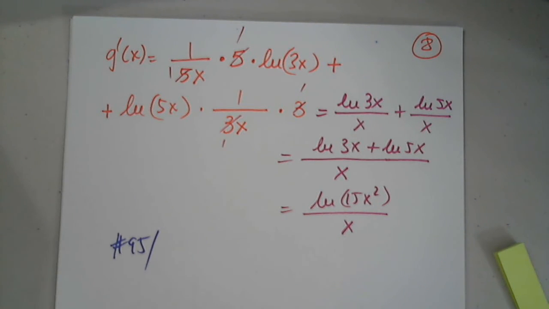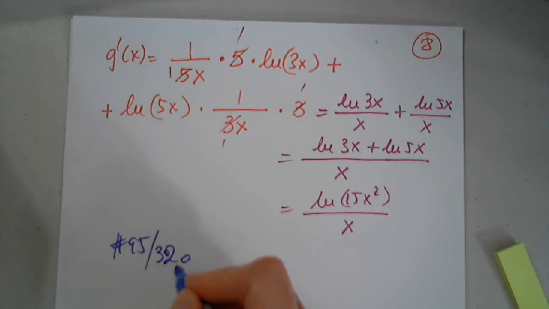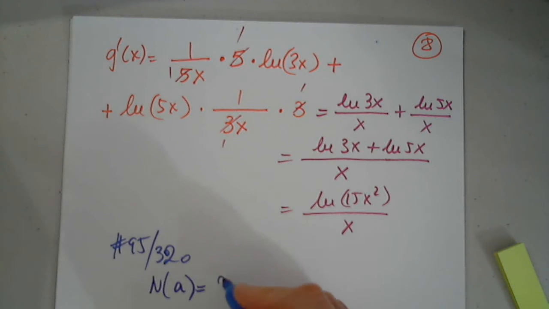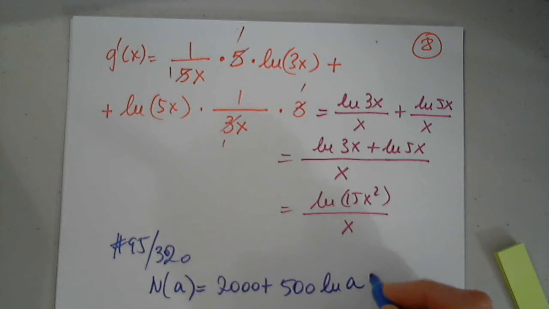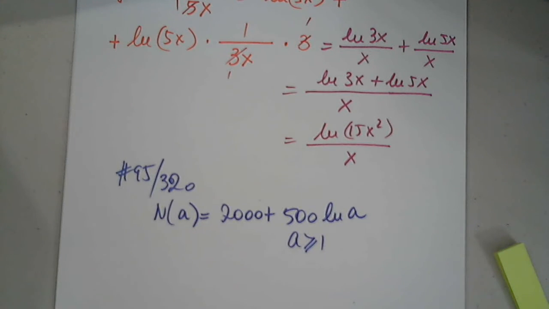and that is on page 320. It's entitled Advertising. A model for consumers' response to advertising is given by N of A equals 2000 plus 500 natural log A, where A is greater than or equal to 1.